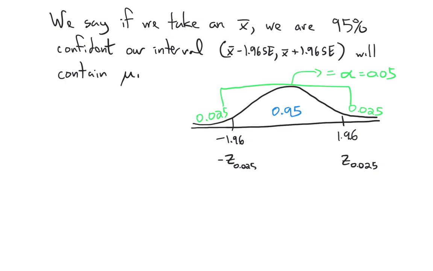And in this case, if we have a 95% confidence interval, our chance of being wrong is 5%, 1 minus that. So, also, this can be written, a lot of people write it as z alpha over 2 and negative z alpha over 2.